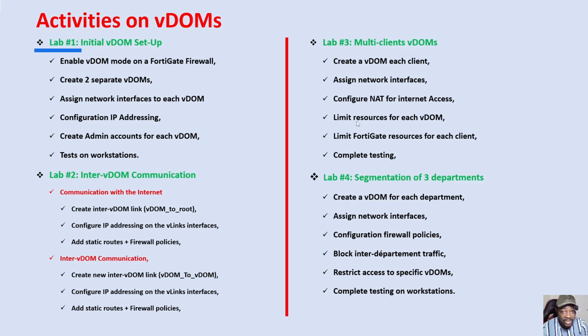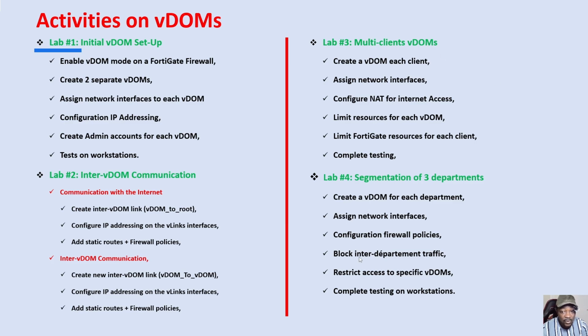We'll mainly talk here about limitations, so how to grant limited resources to each vDOM. That will be regarding maybe internet access, or bandwidth to access the internet, or some settings related to the number of user accounts that you can create, or the number of VPN sessions that can run on a specific vDOM. We'll see all of that in lab 3.